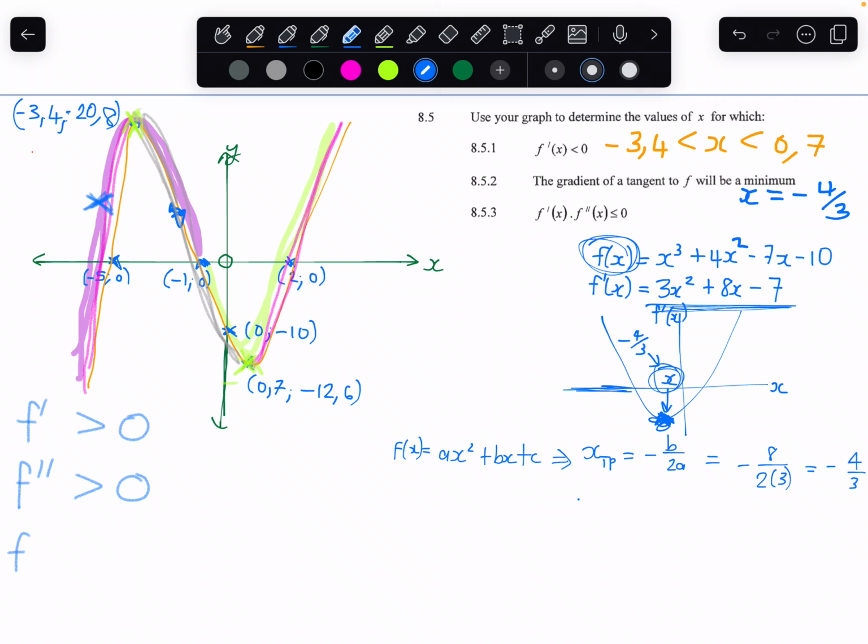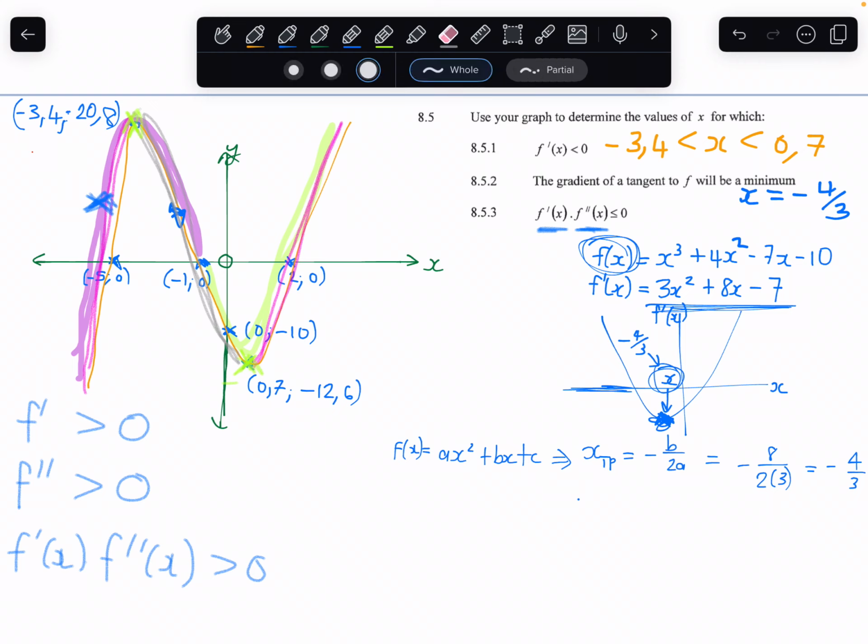So if you were to times them together, you would end up with a value that is bigger than 0, that is positive. So a point like this one doesn't fall into the x values that we're interested in, because we're looking for places where f prime times f double prime are smaller than or equal to 0. So we're just getting a feel for things before we get into the nitty-gritties. That point wouldn't work.